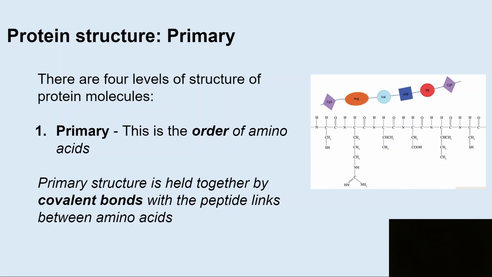So the order of the amino acids gives us the primary structure of a protein. Remember that proteins can be thousands of amino acids joined together. Obviously, I'm not expecting you to draw thousands, but it's reasonable to expect you to draw maybe 3 amino acids joining together, so a tripeptide.